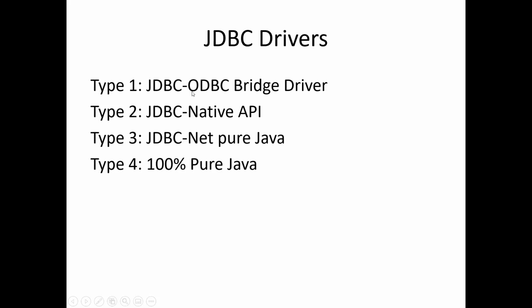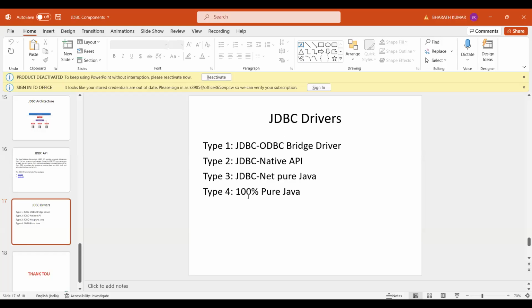Based on the disadvantages of the JDBC-ODBC bridge driver, the JDBC-Native API driver is implemented. Based on the disadvantages of JDBC-Native API, JDBC-Net pure Java is implemented. Based on the disadvantages of the type 3 driver, the type 4 driver is implemented. So here you will observe one point: the type 4 driver is a 100% pure Java driver.